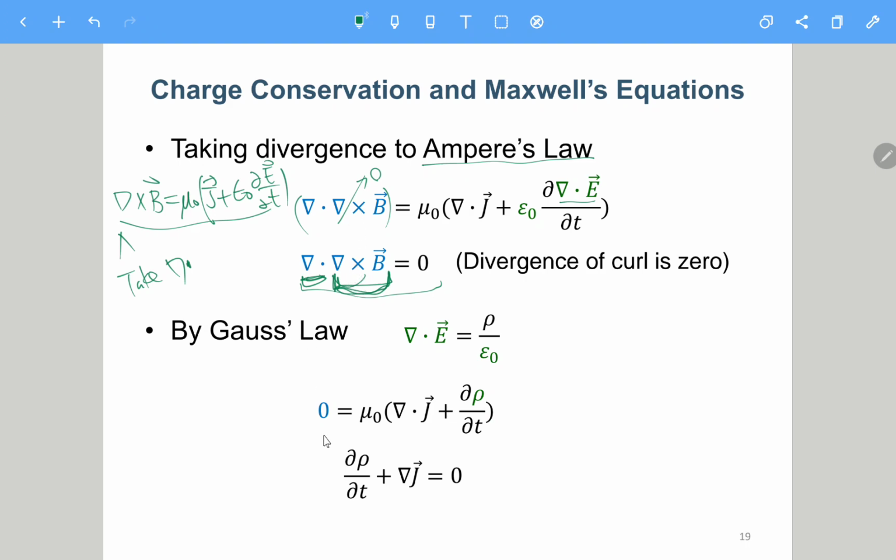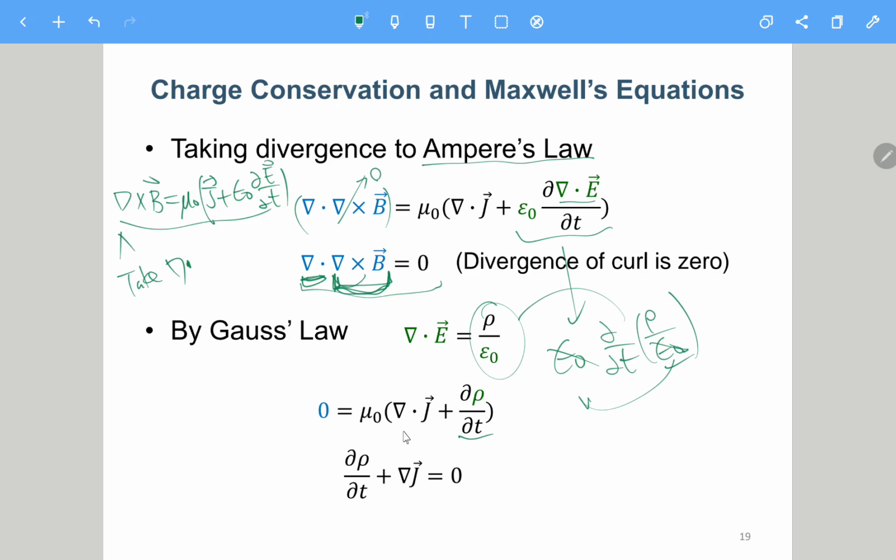Putting 0 on the left, we have 0 equals mu naught times divergence of J, plus mu naught epsilon naught partial t of rho over epsilon naught. Epsilon naught is a constant, so it can be pulled out and cancels with the other epsilon naught. Finally it turns out to be partial rho partial t.